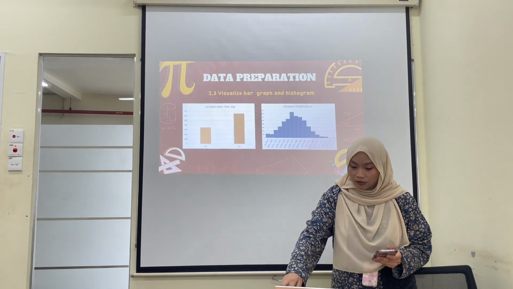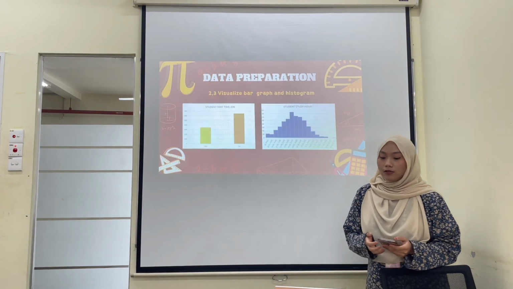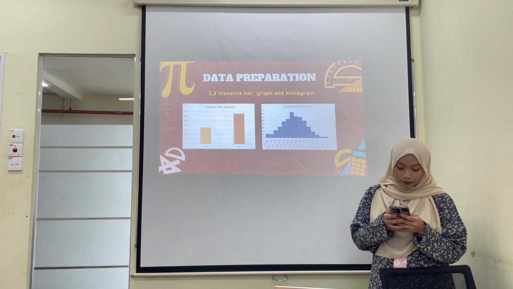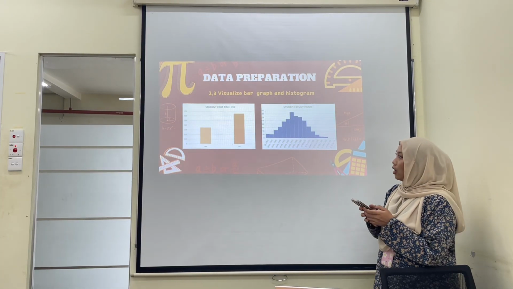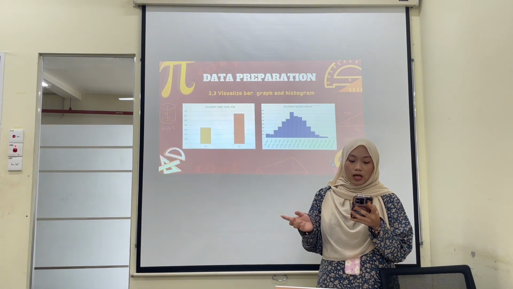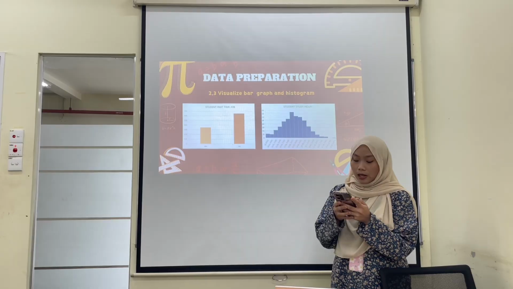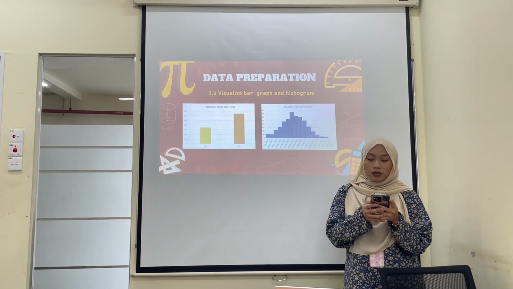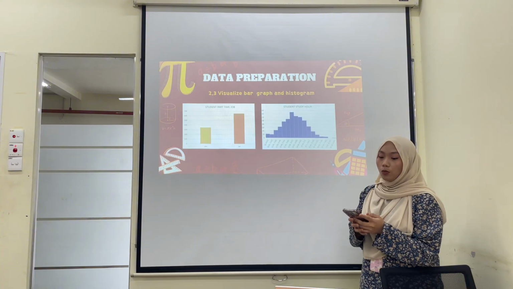So let's move to the visualization of the bar graph and histogram. On the left side, we have a bar chart showing whether our students hold a part-time job. As you can see, the vast majority of the students do not work part-time.